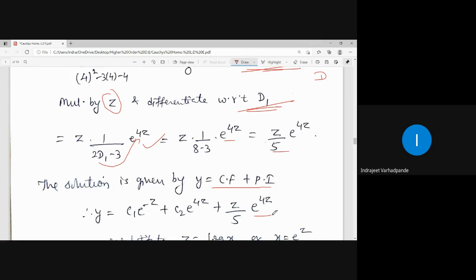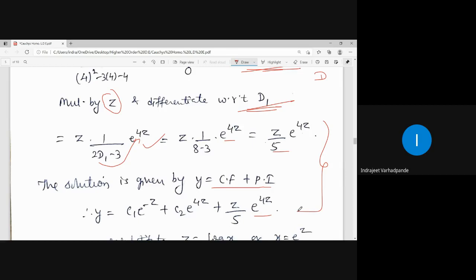Put e to the power z as x, or z is equal to log x. I hope you remember the case number 1, e to the power ax, for the simplification of particular integral. So instead of x here, the variable is z, and accordingly we will have to simplify it.